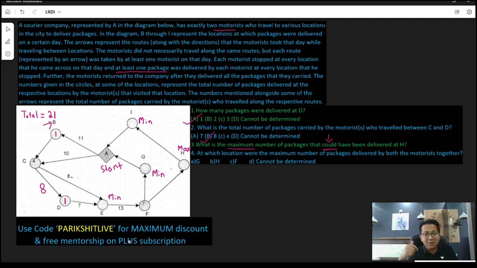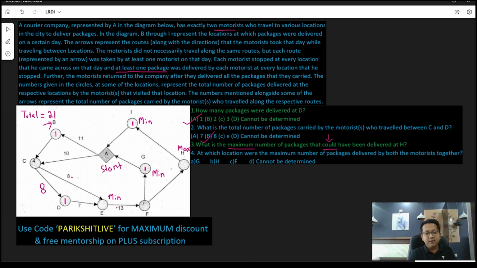The minimum that needs to be delivered at every station by each motorist is 1. So at I, there is only one line, so obviously minimum delivery is 1. For G, minimum is 1. Remember, for H to be maximum, the remaining has to be minimum.